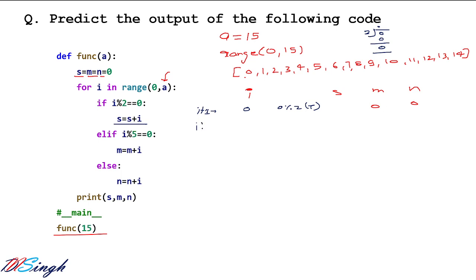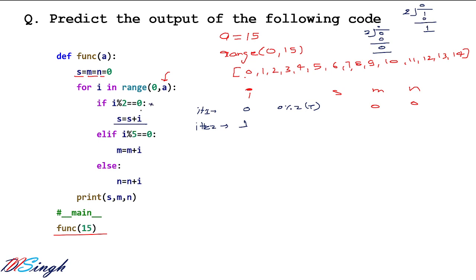In iteration 2, the I value will be 1. So 1 mod 2: if you divide 1 by 2, it will go 0 times and the remainder will be 1, which is not equal to 0.